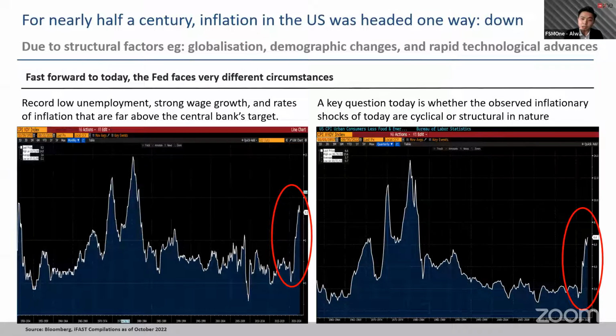So, how did this happen? Two years ago, people were thanking the Fed's decision to implement the massive quantitative easing policy to save the economy from the COVID-19 pandemic.